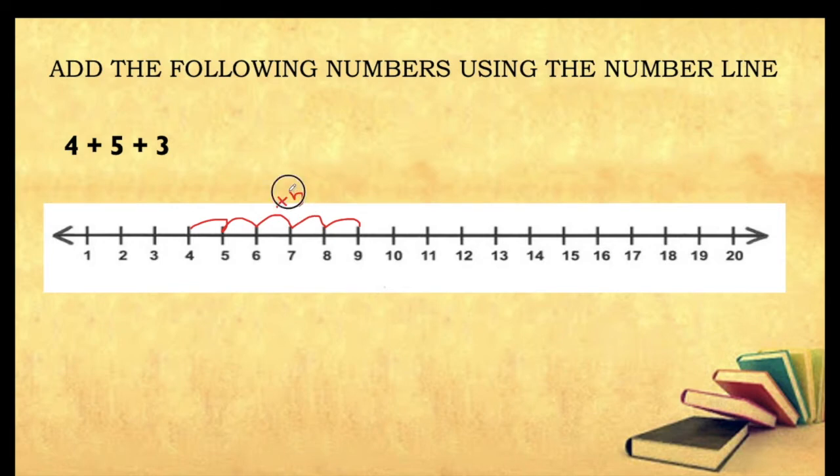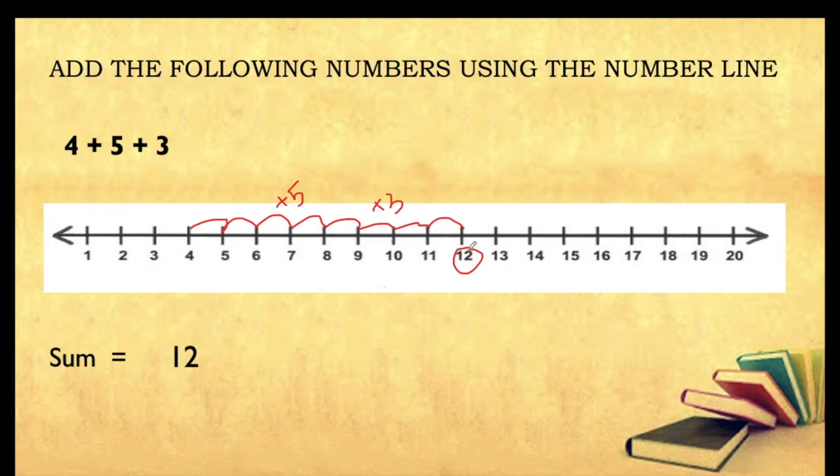So from here again plus 3. So 1, 2 and 3. So here we have done plus 3. The sum of 4 plus 5 plus 3 is 12. So we need to write sum is equal to 12.